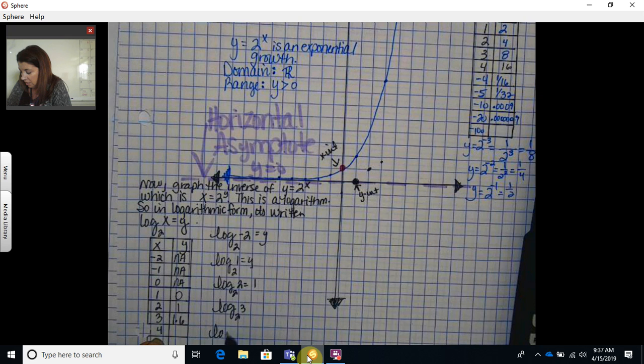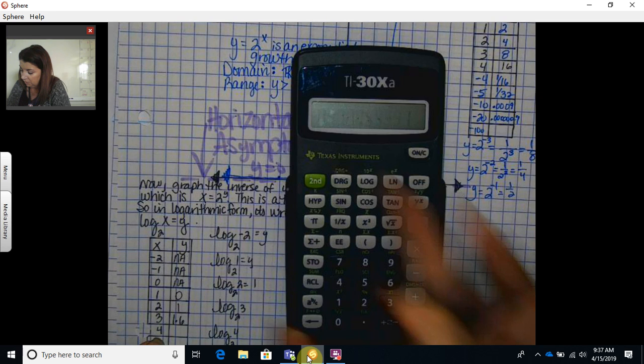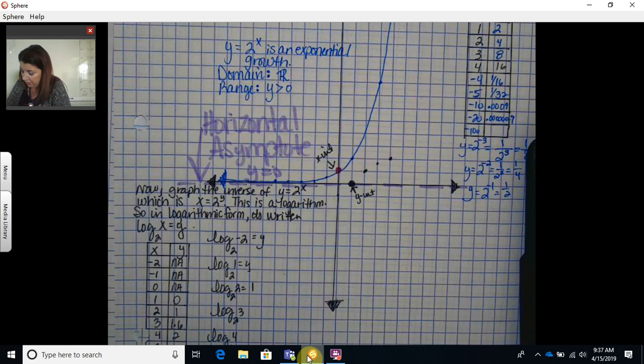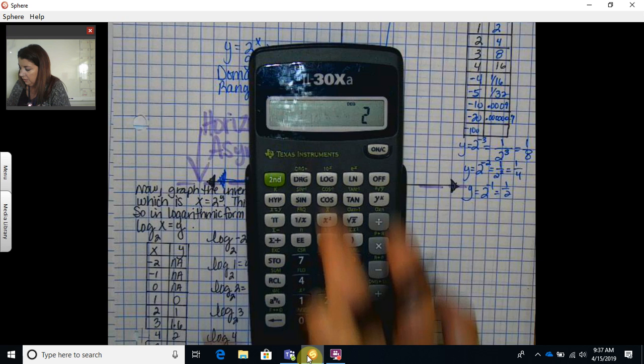Log base 2 of 4. 2? Correct. How about, let's go 1, 2, 3, 4, 5, 6, 7. I'll go to 8. Log base 2 of 8. 3? 8 log divided by 2 log equals 3, as you said.